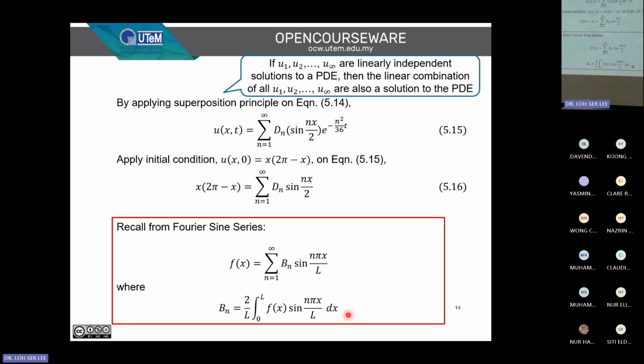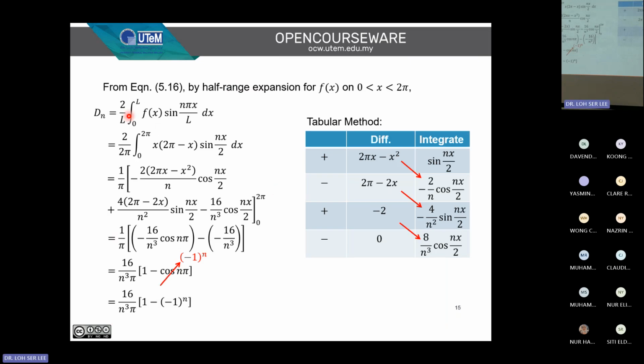So we will use this formula to find Dn. We use the Fourier sine series formula, where your f(x) is this function and L is 2 pi. Then substitute L by 2 pi. When you get this, simplify, cancel out the 2, and this is a polynomial with sine. So we use the tabular method.